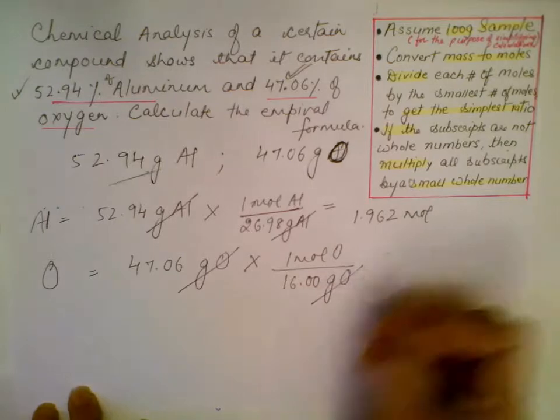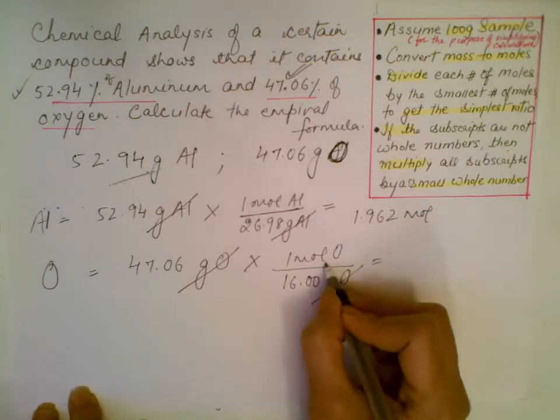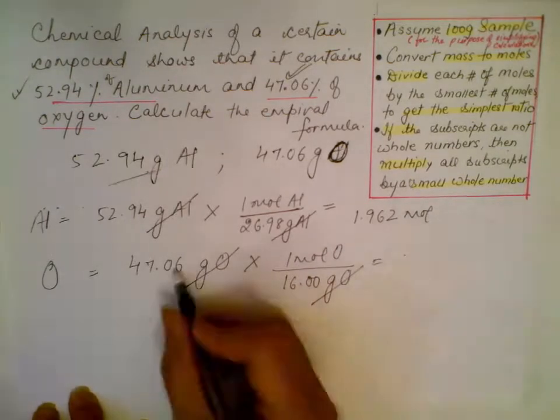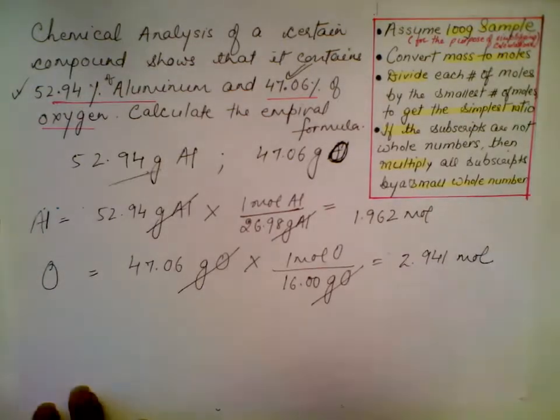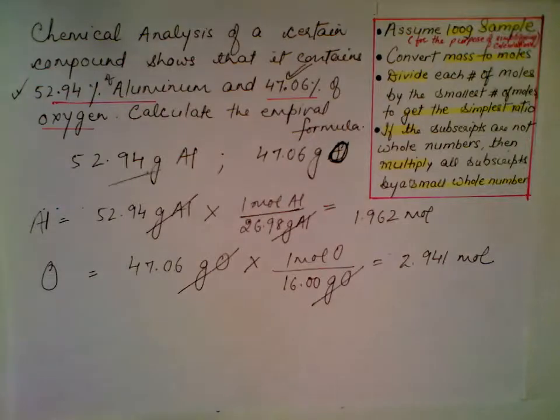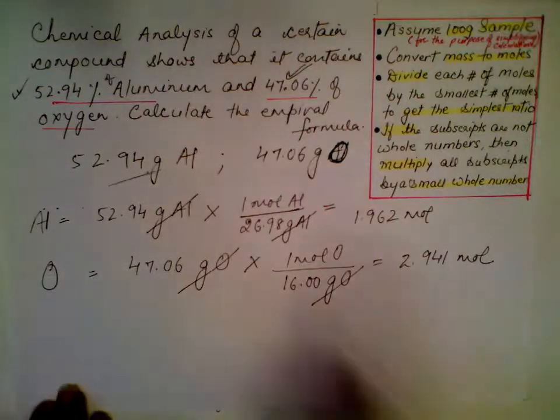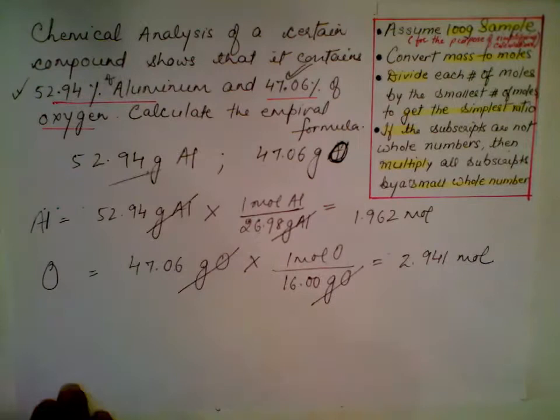Cross out the same units and you're left with moles again, and divide these numbers, 2.941 moles. This is what you are going to get.